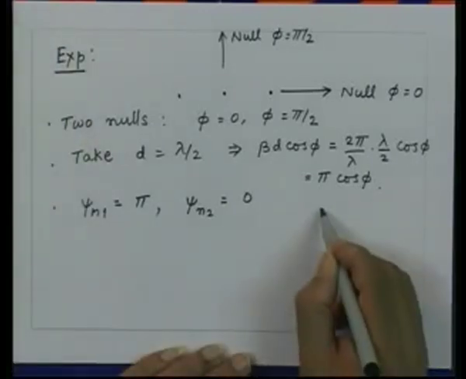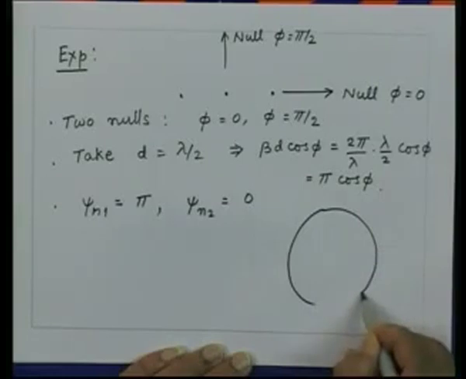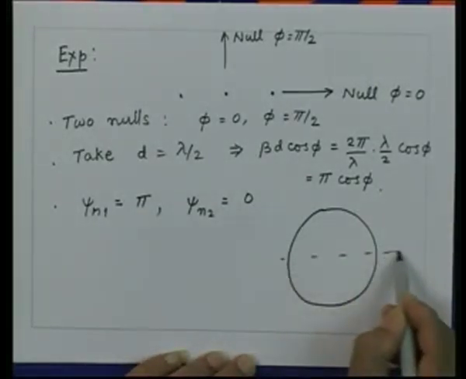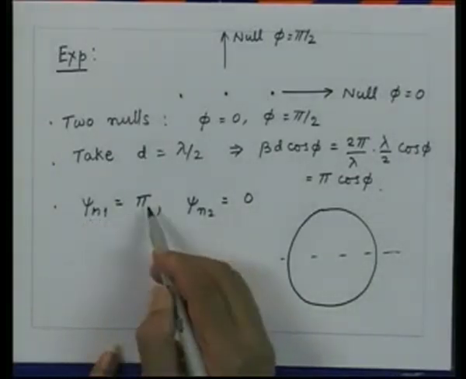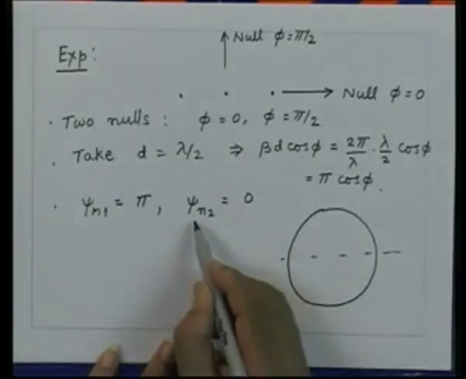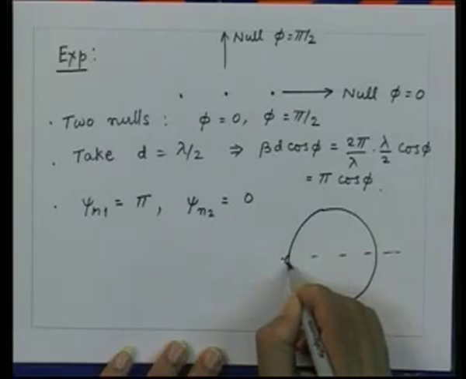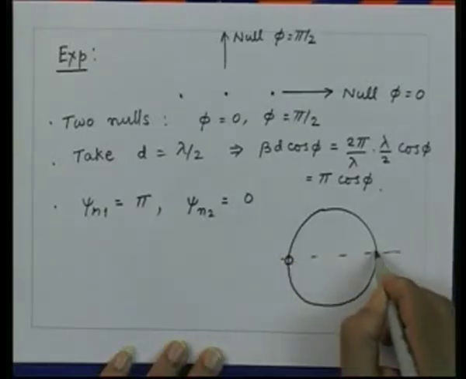So, if I put the circle diagram for this, we have two nulls, one corresponds to psi equal to pi, and other one corresponds to psi equal to 0. So, I have one null here and I have another null here.